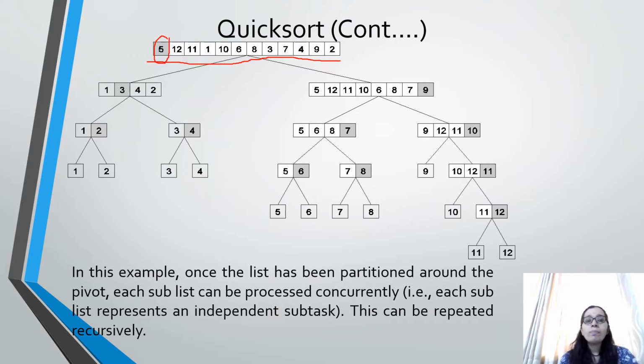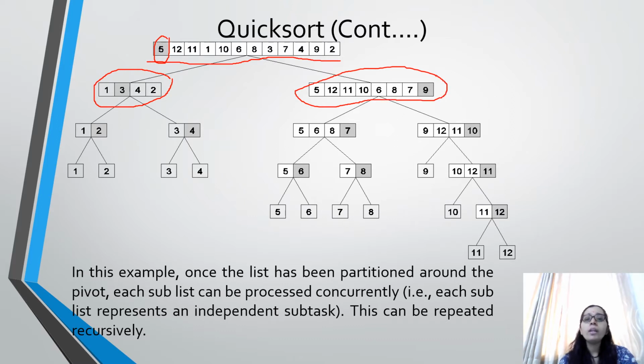Now two subsequences are to be formed. The elements that are less than 5 will be in one sequence, suppose on the left side, and the elements which are greater than or equal to the pivot element 5 are on the other side, suppose on the right.